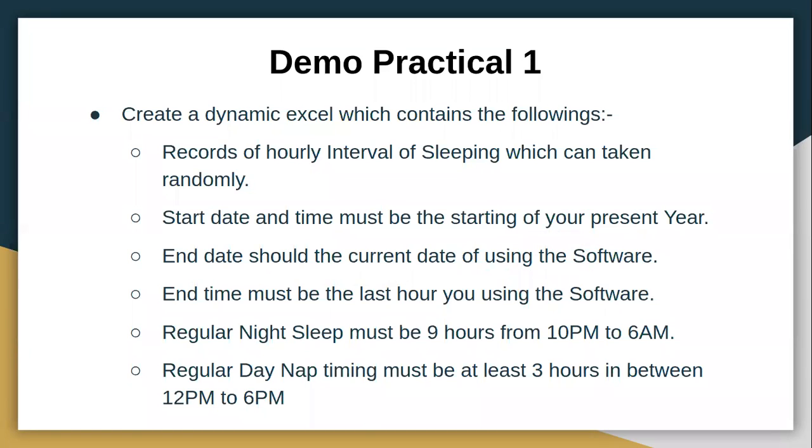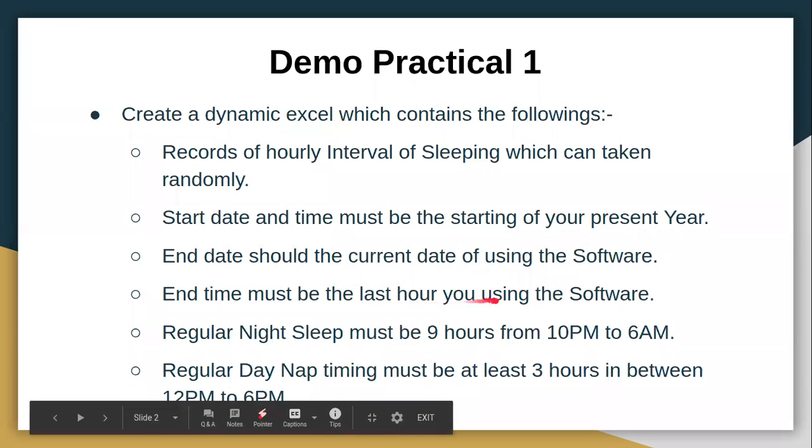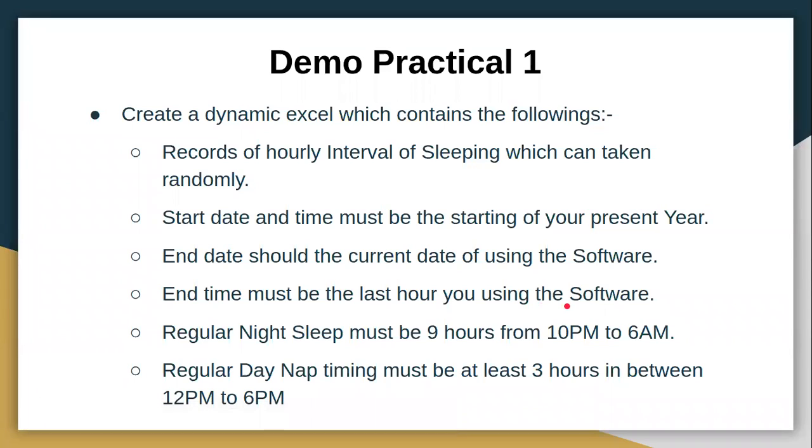The end time must be the last hour, the most recent hour we passed. Right now it is 10:05, so the recent hour passed is 10. So from 1st Jan 12 midnight up to 25th December 10 a.m., within this we have to create an Excel which contains hourly intervals of sleeping time.